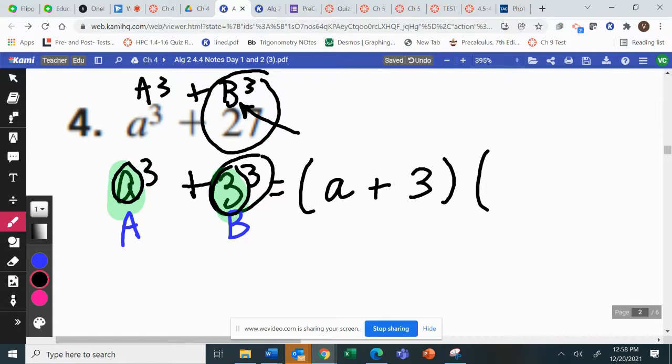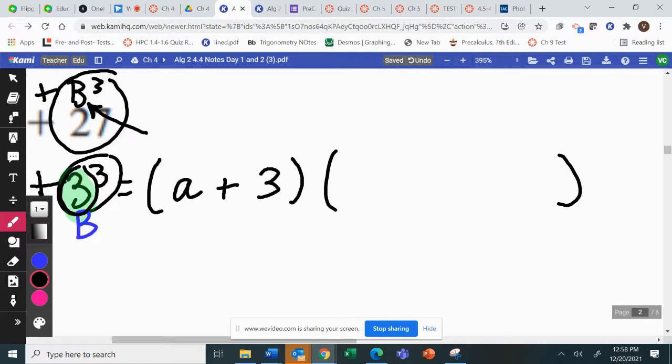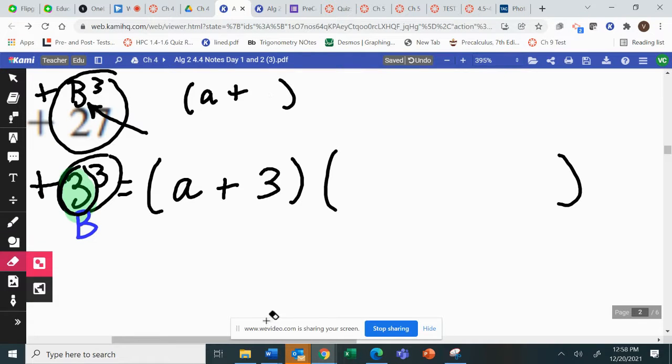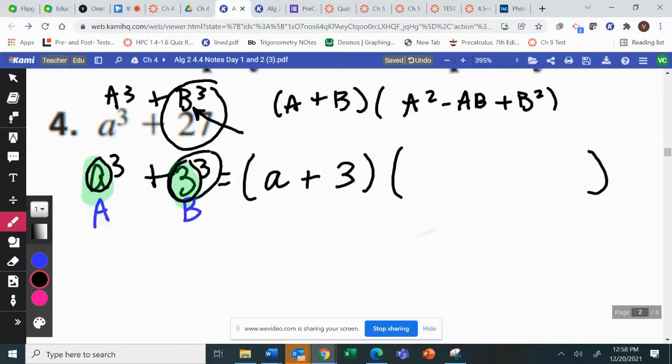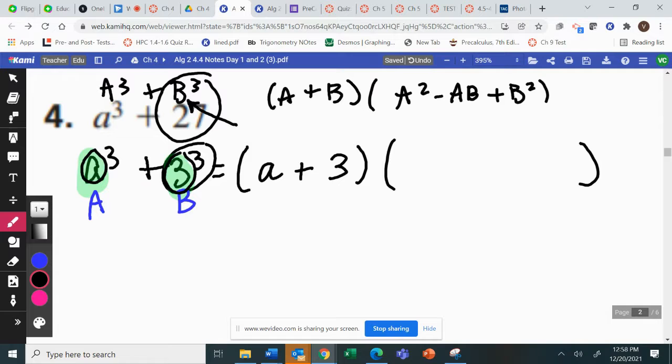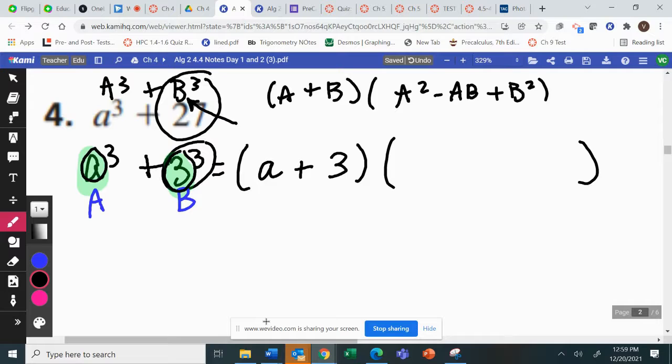So now in the second parenthesis, we have to do A squared minus AB plus B squared. So we're literally just following the formula. We know what A and B are. We're going to follow the formula. So in my first spot, Amy, for A squared?